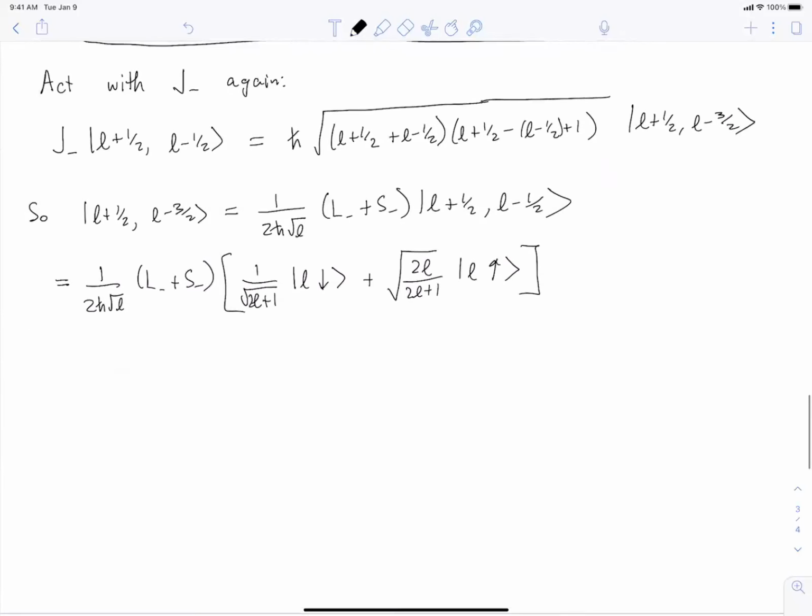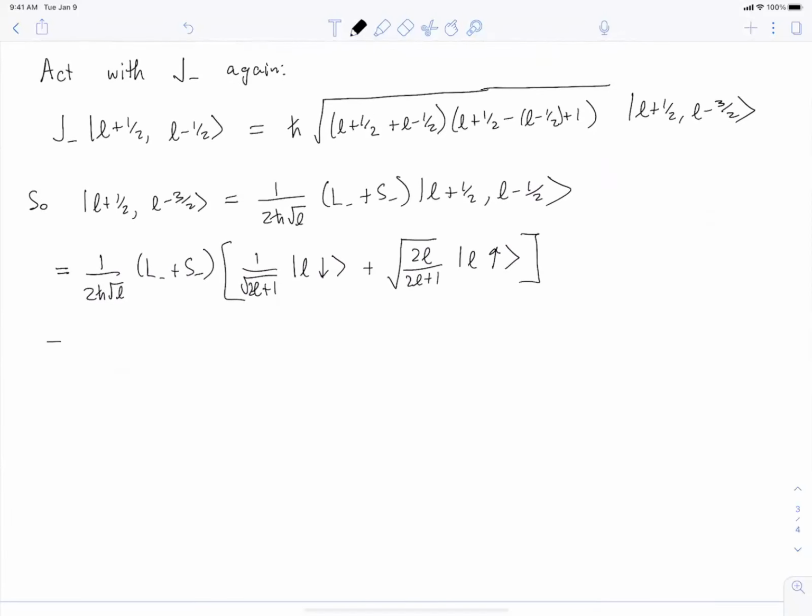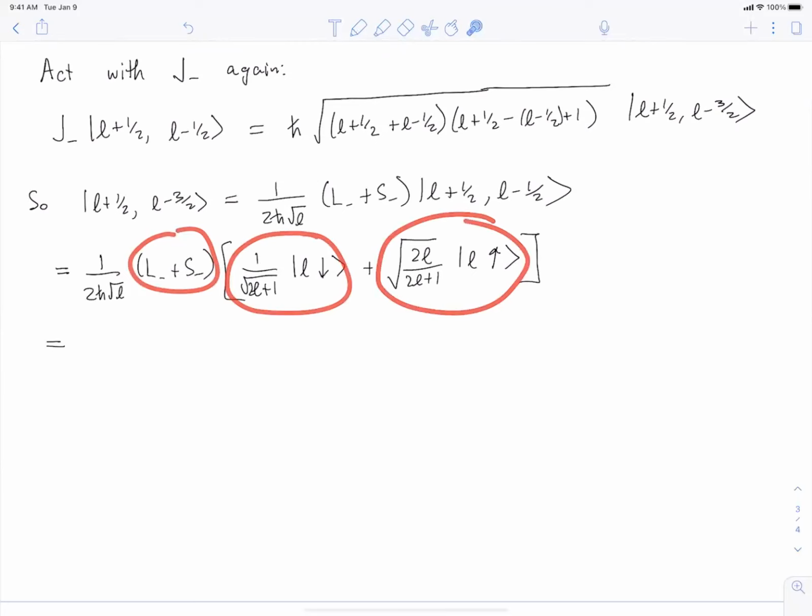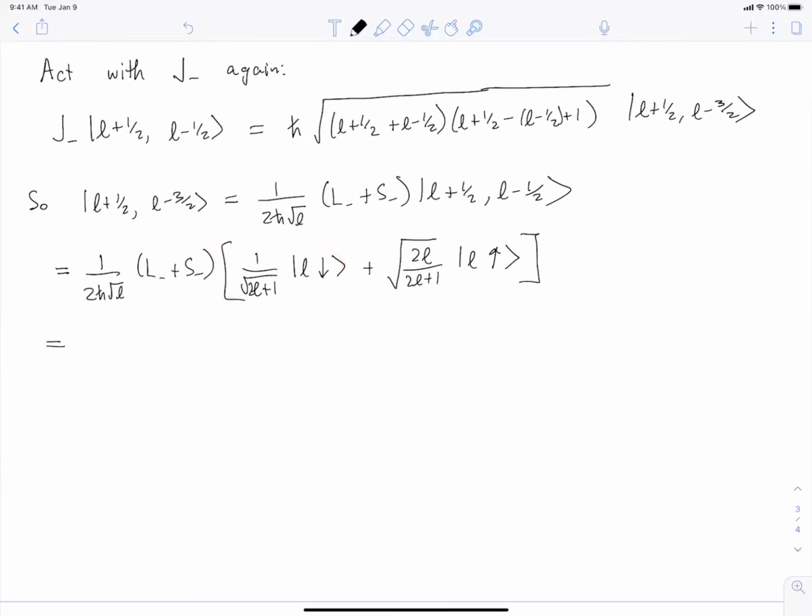Okay, now we have a bunch of things we have to do. We have to basically distribute this operator over these two states. So let's just do that. This is the same prefactor. And then we go back to our formula for how an angular momentum minus operator works.